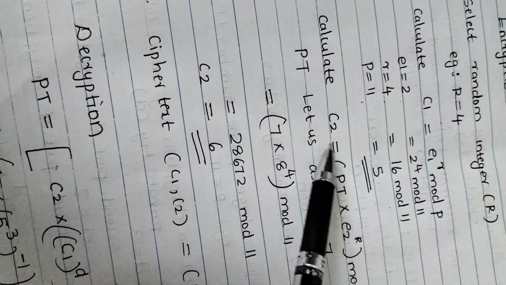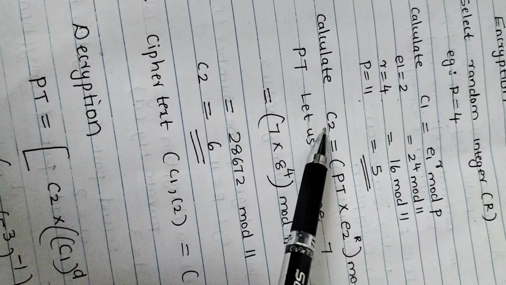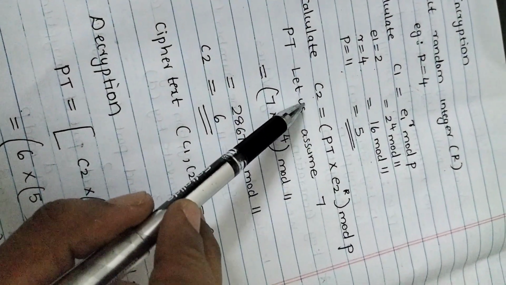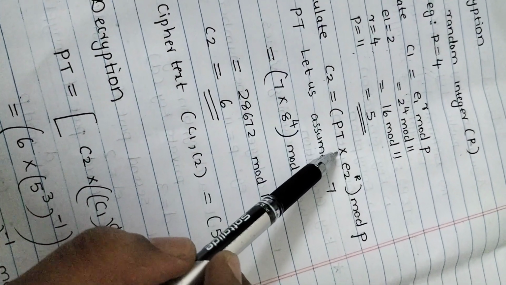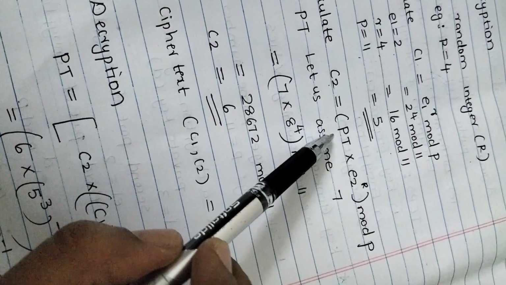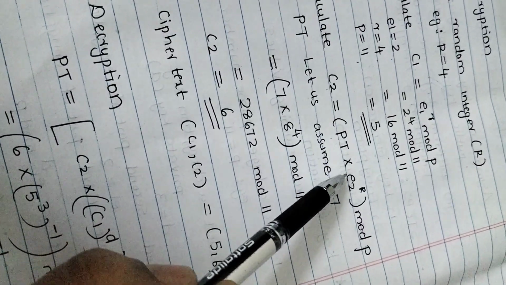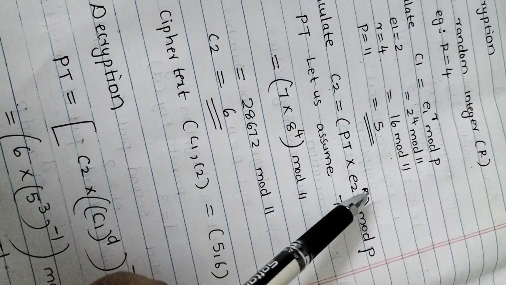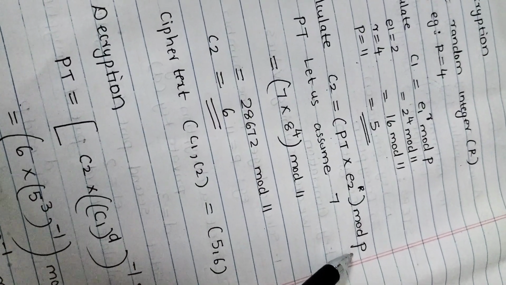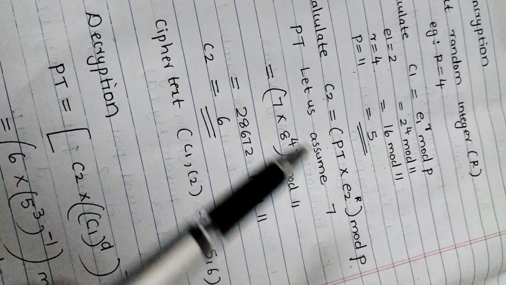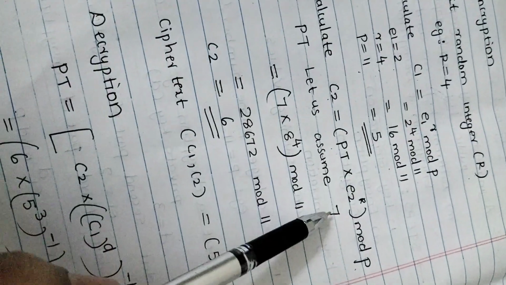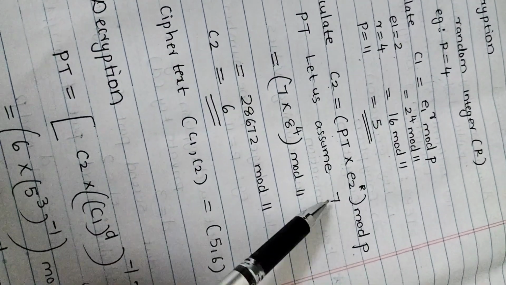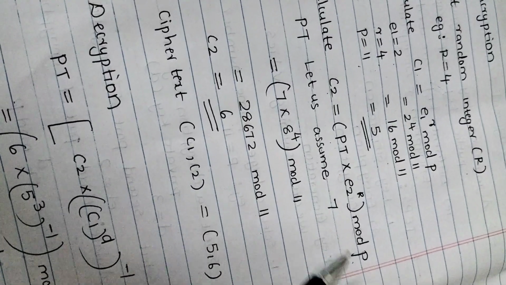Similarly, we have to find the C2, ciphertext 2 value. For C2 we have another formula: plain text into E2 raised to R, mod P. This is the formula to calculate C2. Here we assume the plain text, whatever message we are communicating to the receiver, is 7. Consider I am sending the value 7.